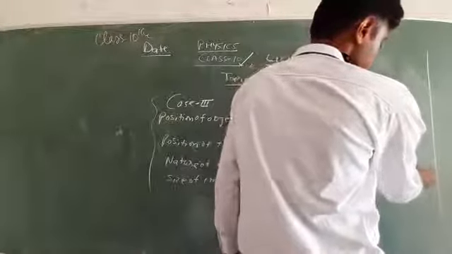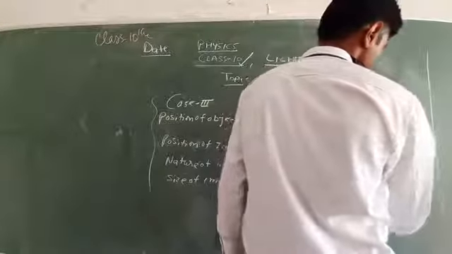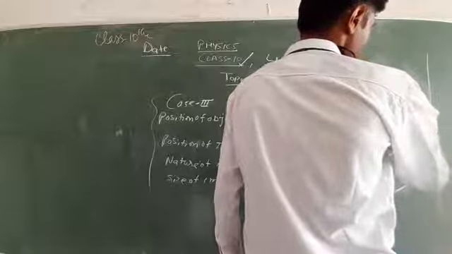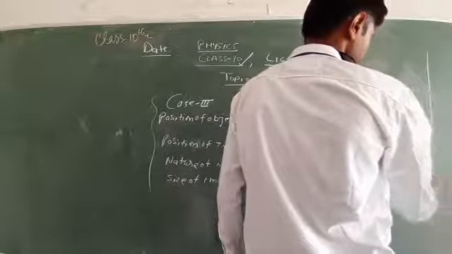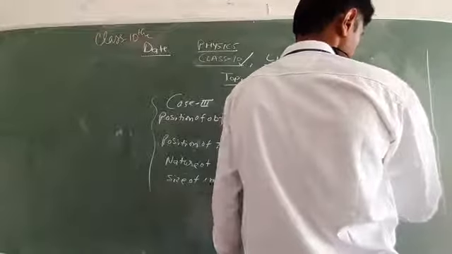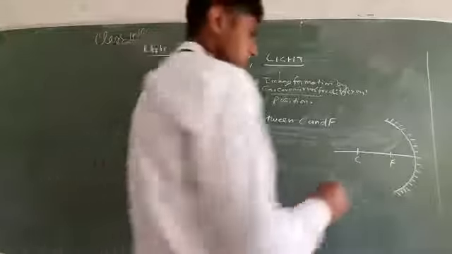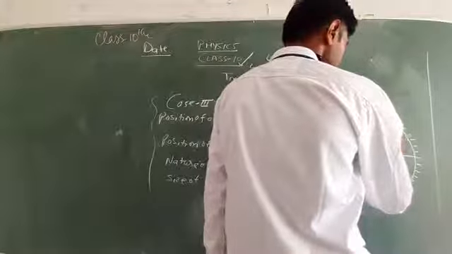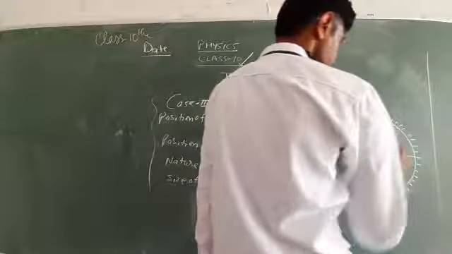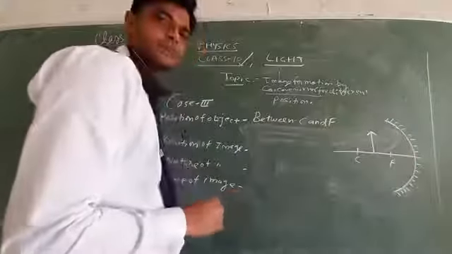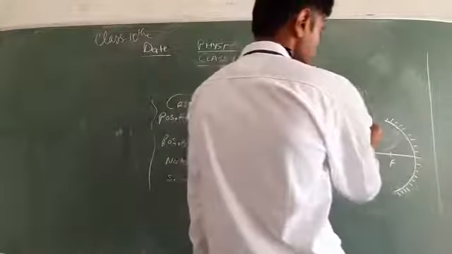So let this be a concave mirror, this is the polished side, this is F and this is C. So the object is placed between F and C. Let this be object AB.